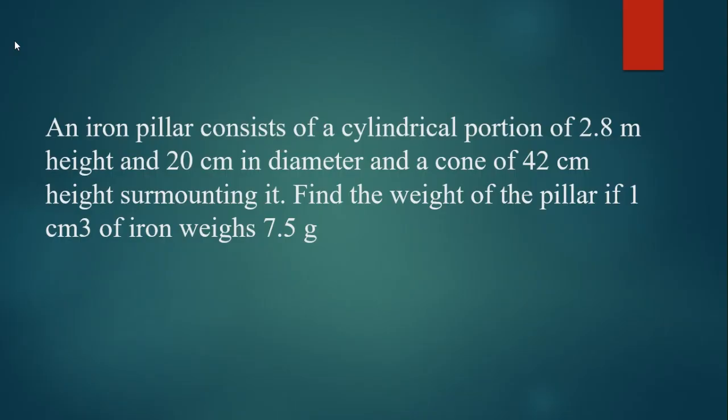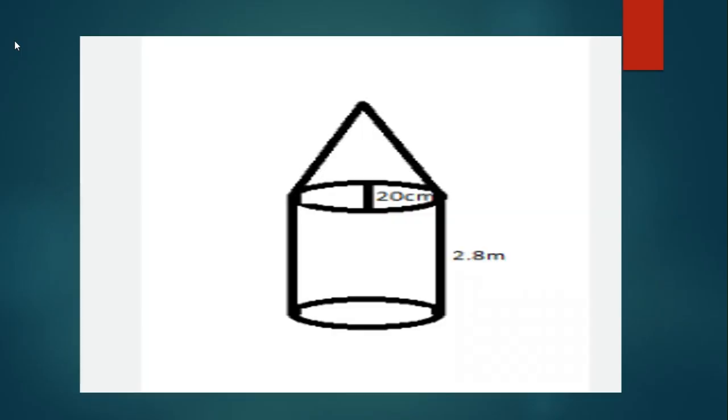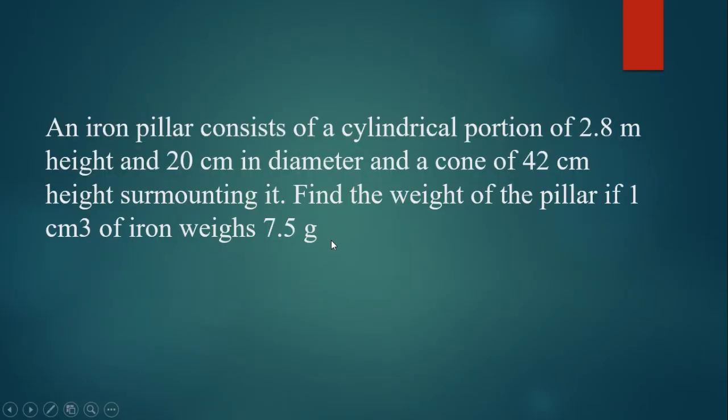It is in the form of a cylinder, and a cone is surmounted on that particular cylinder. This is the shape of the iron pillar. We need to find the weight of that particular pillar. But what is given here?